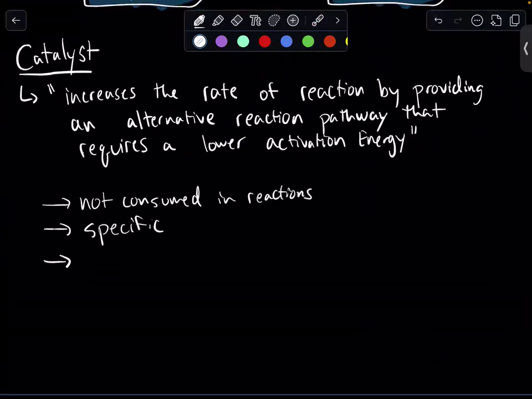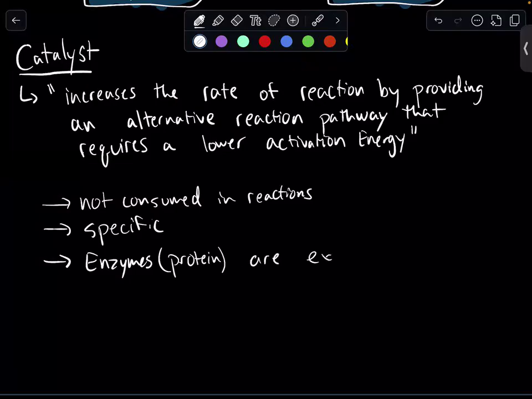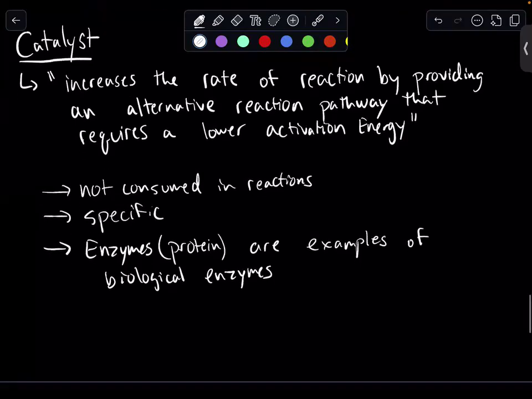The last thing that we often have to know is that enzymes, which are a type of protein, all enzymes are proteins, but not all proteins are enzymes, are examples of biological catalysts. Our bodies do so many processes that require breaking things down and building things up. That's what metabolism is. It's the anabolism and catabolism of all the different foods and nutrients that our body takes in and puts out. And enzymes allow us to do those reactions better.